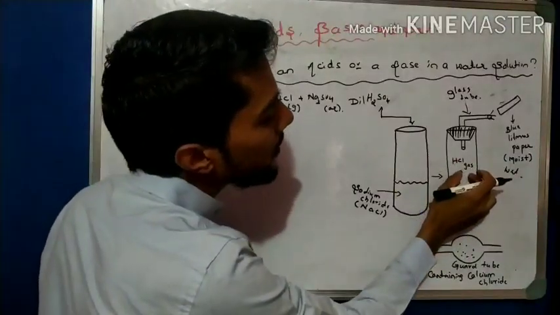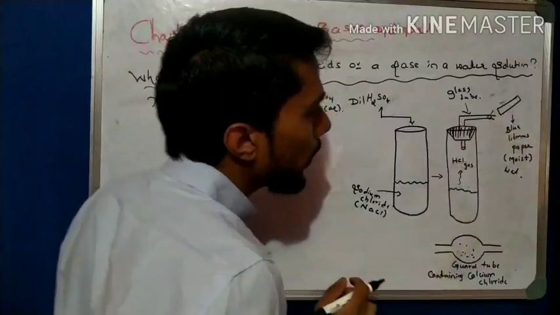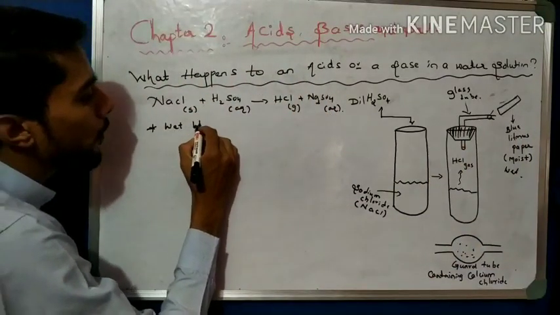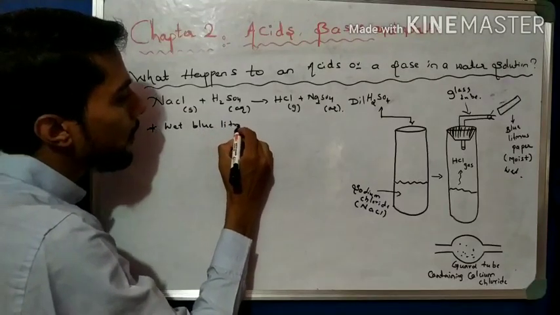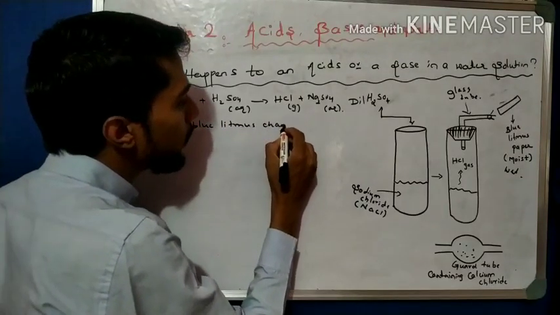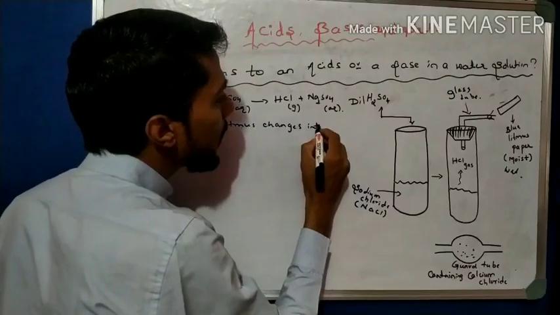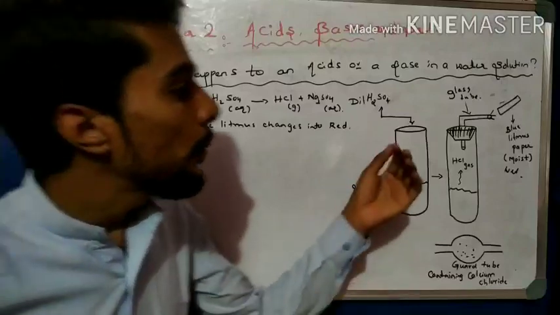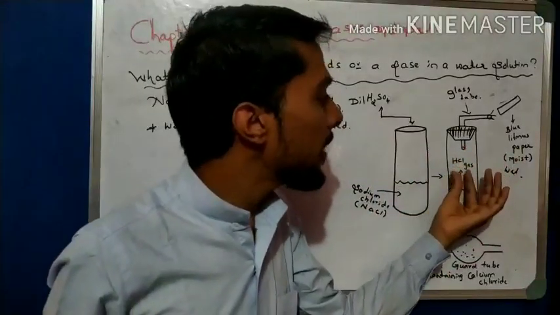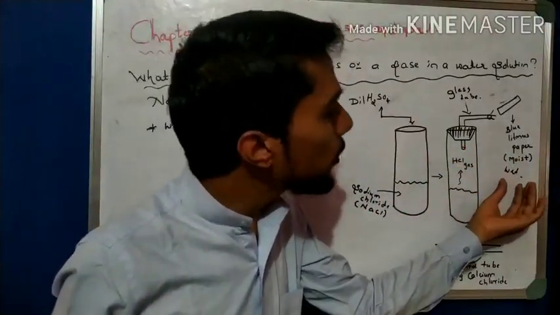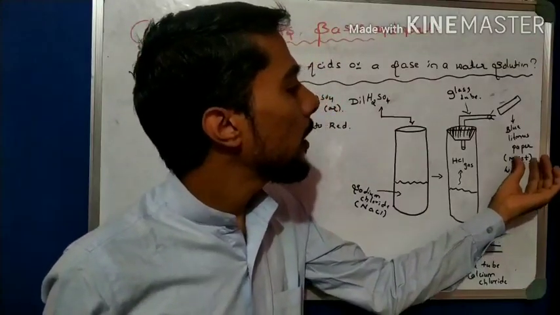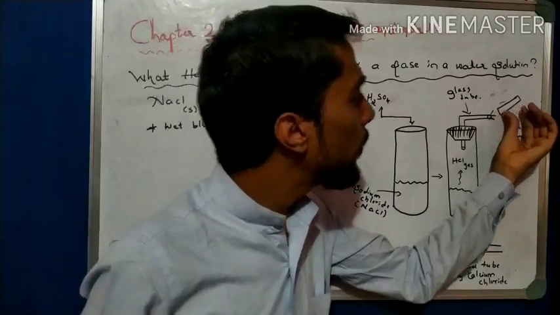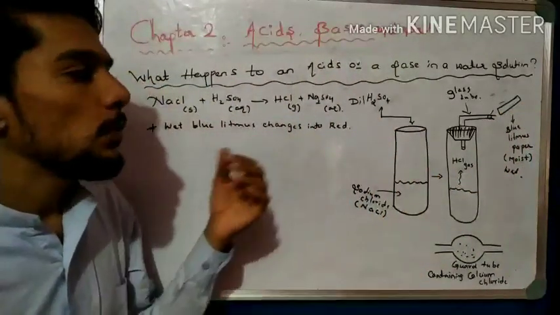So when this gas is passed over the wet blue litmus paper, it changes to red. When the wet or moist litmus paper is used to check the coming gas, we observe that the blue litmus paper changes into red litmus paper.